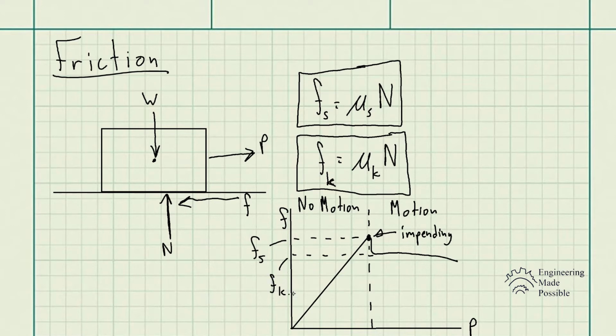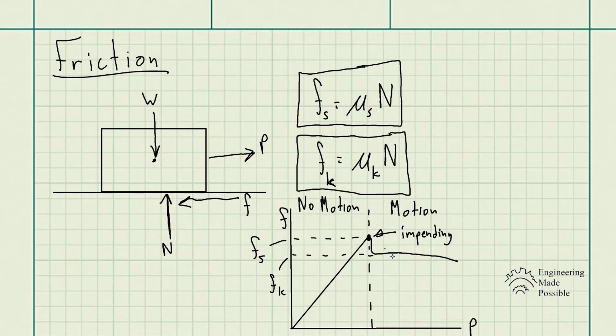This is the main difference between the static and kinetic frictional forces. You're going to have a higher force right before there's any motion, but once the object starts to move, the frictional force decreases, which is called the kinetic friction, because there is now momentum of the object that's moving.